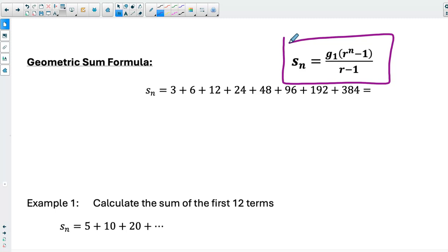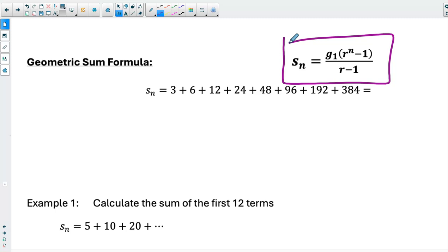And if you have a Casio, you're a lucky person. Because they make your life a little bit easier. They got a fraction key, so you can type that in. If you have the scientific ones, then you just got to make sure you're using parentheses correctly. And I'll be writing up there what I would type in, these blue ones or the pink ones. So we're going to find the sum of this series right here.